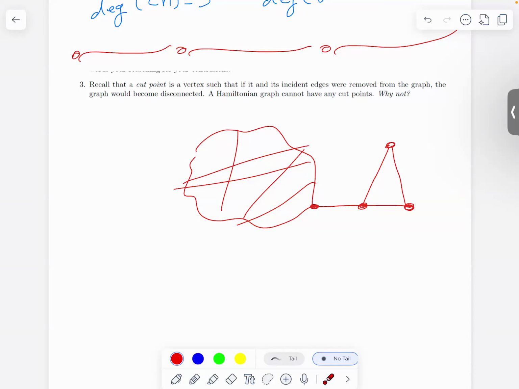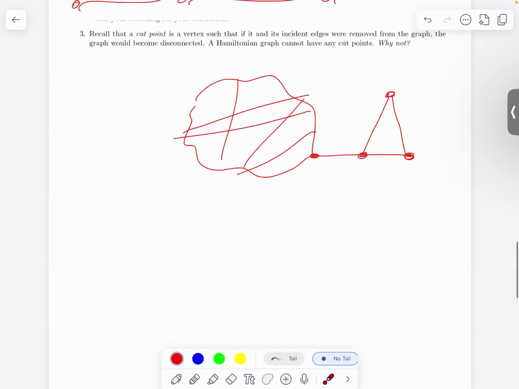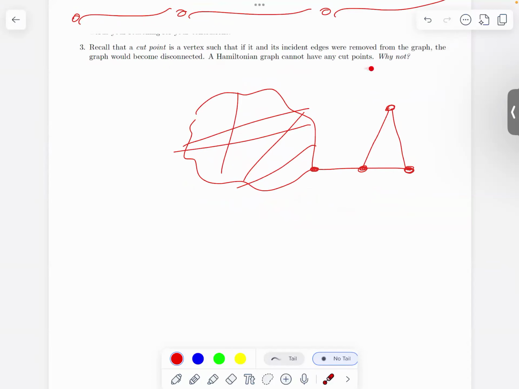So how to write this question? To answer this question, you will write: let's assume, by contradiction, that we have a Hamiltonian graph which has a cut vertex as well. If I want to have a cycle, I need to pass that cut vertex and come back as well.